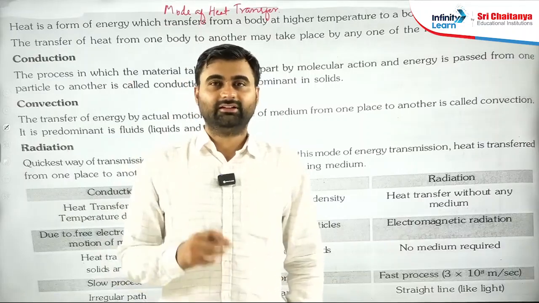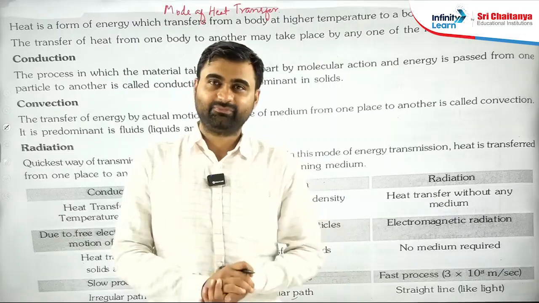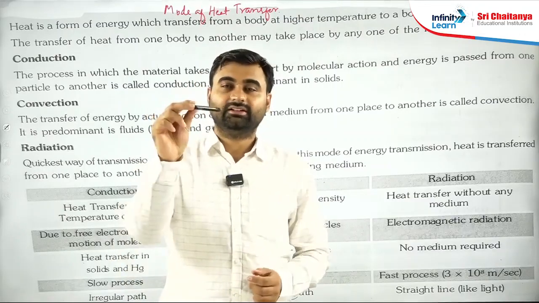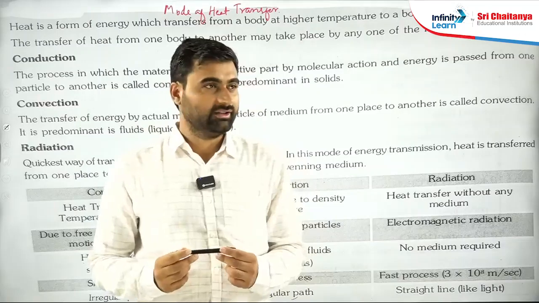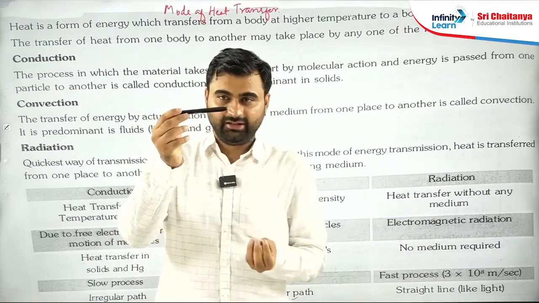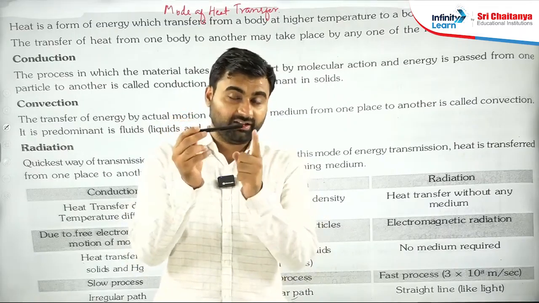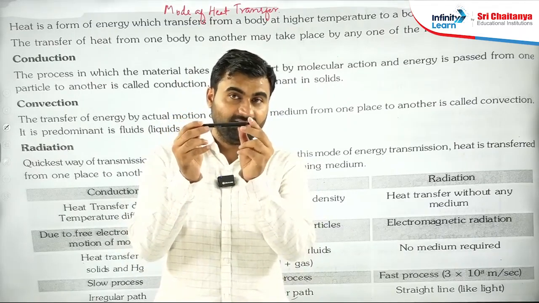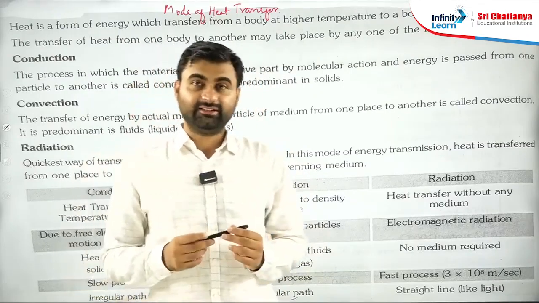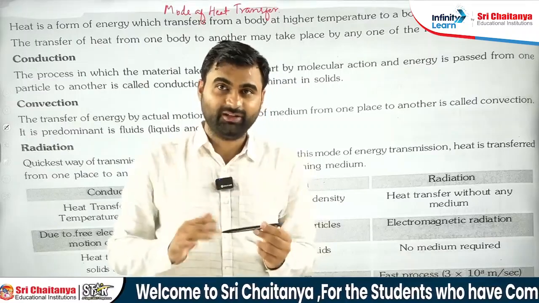So today we will discuss what happens if we heat up anything. Just an example: suppose this is an iron rod, and we are heating this iron rod from this end, only this part, not here. But after some time we see that this part also becomes hot. Agree or not?